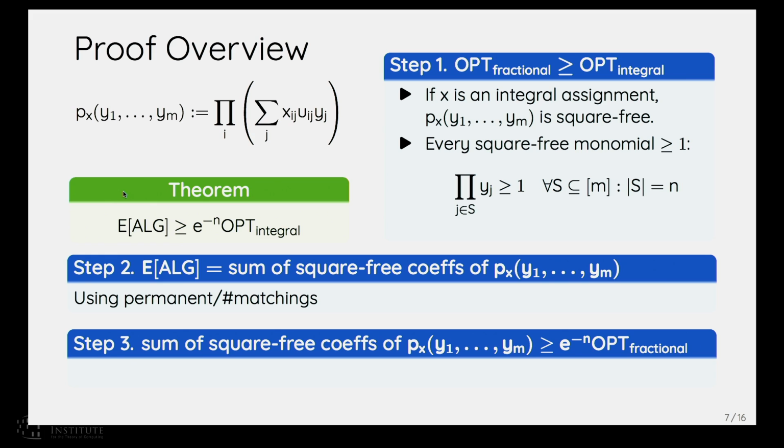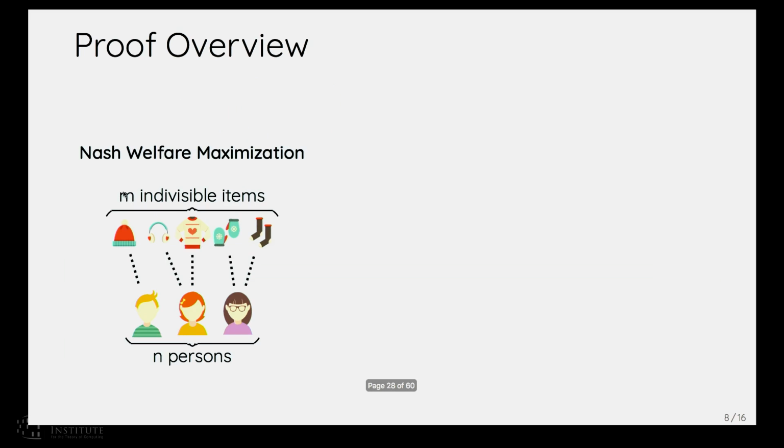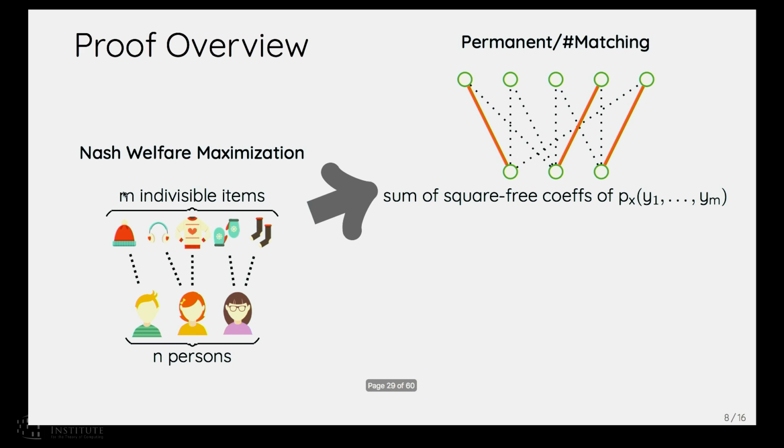So for step 2, I'm going to use the notion of the number of matchings in a bipartite graph to show this identity. And step 3 is done using the machinery of real stable polynomials. So more pictorially, this is my Nash welfare maximization problem. I wrote a fractional relaxation for it.